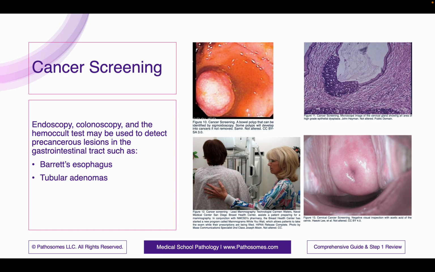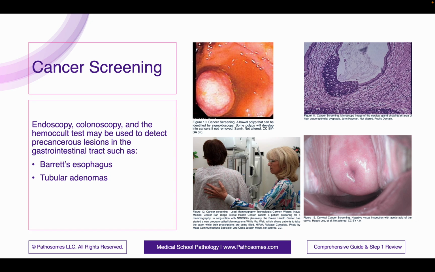And here on the right, we see various images of findings for screenings. For example, top left, we see a polyp from a colonoscopy. Below that, we see a practitioner giving a breast exam to a patient utilizing high-tech machinery, probably checking to screen for cancer.